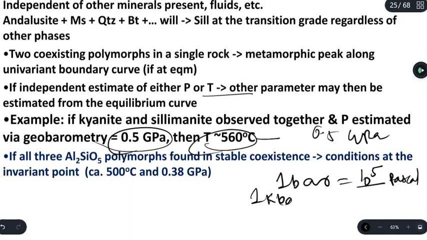1 किलो बार इक्वल टू कितना पास्कल होगा? 10⁸ pascal. Am I right or wrong?